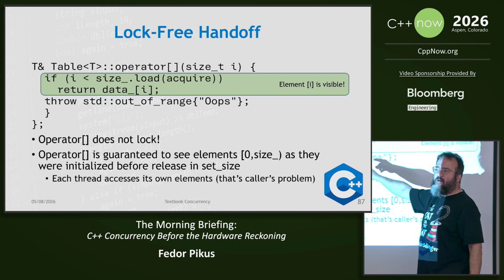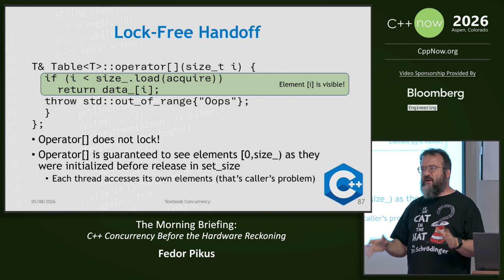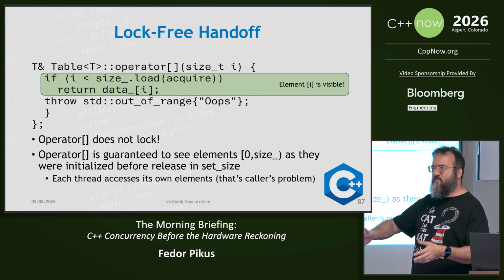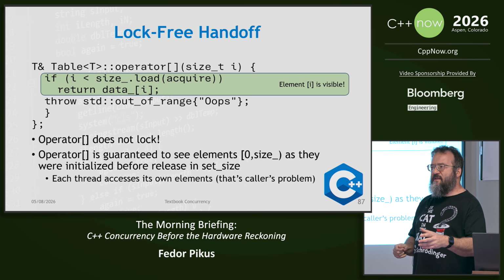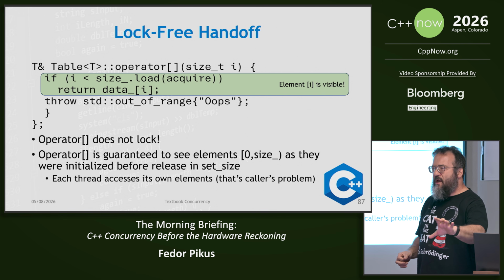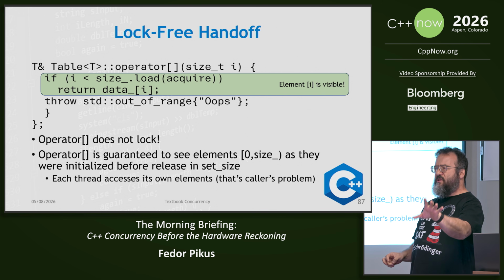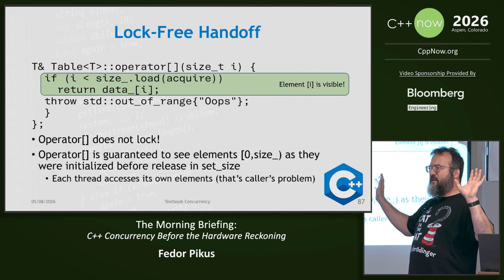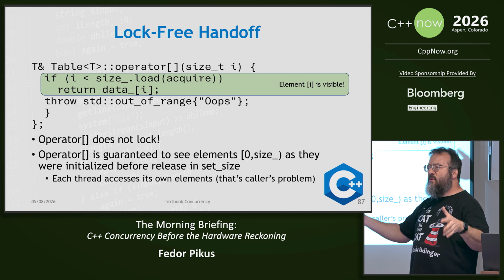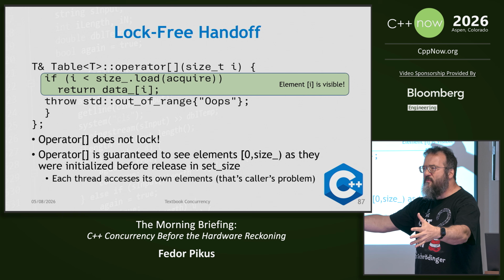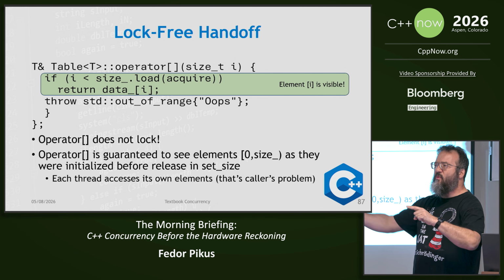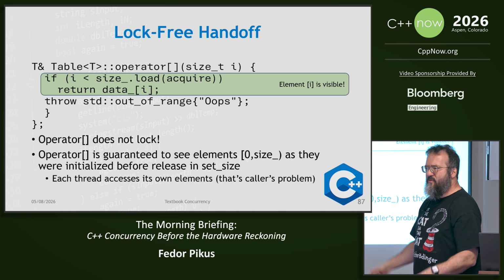If you did it with std::vector, you would have to wrap operator square brackets of std::vector in a mutex, which means only one thread can access any element. So this thread accesses only element 0, and that thread accesses only element 5. I have that guarantee at the program level. There is in theory no reason why I can't do that at the same time, but with std::vector, you would have to put a std::mutex on the whole thing, which means only one operator square brackets at a time. That's what I didn't want to do.